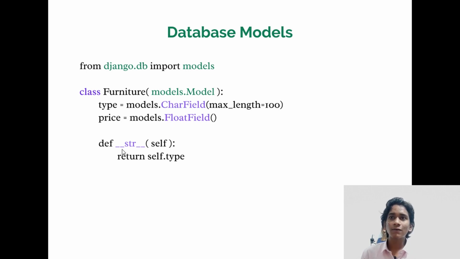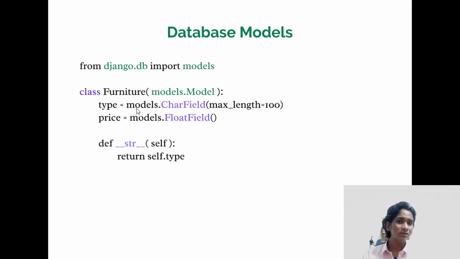Like you can have an integer point some number, that's float field. And here we have a dunder str method, which means whenever you print a furniture instance, that's an instance of the Furniture model, you will get self.type, that is the furniture's type. So if the furniture's type is wood, or glass, then it will print that type.